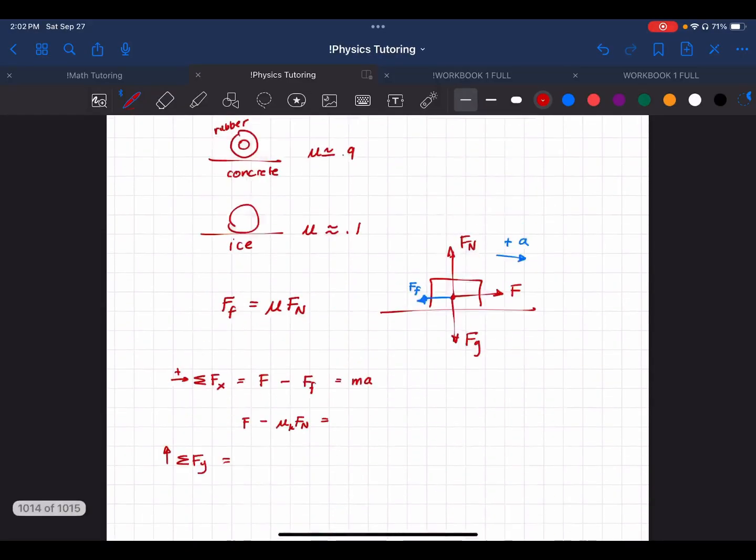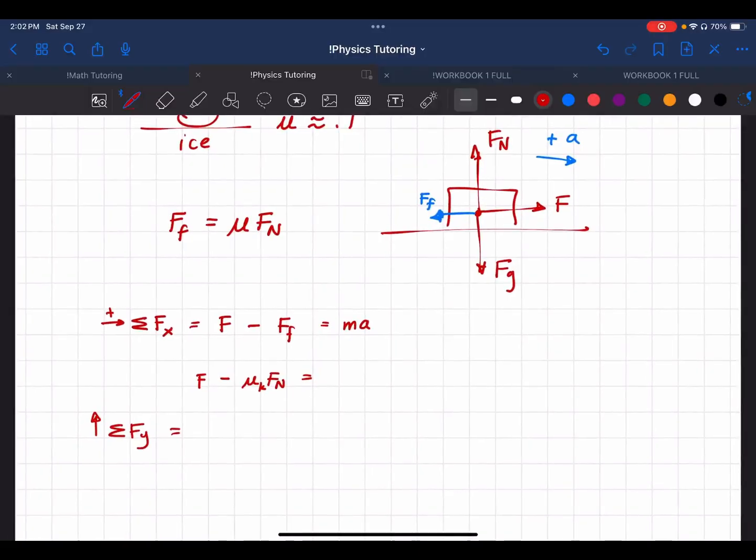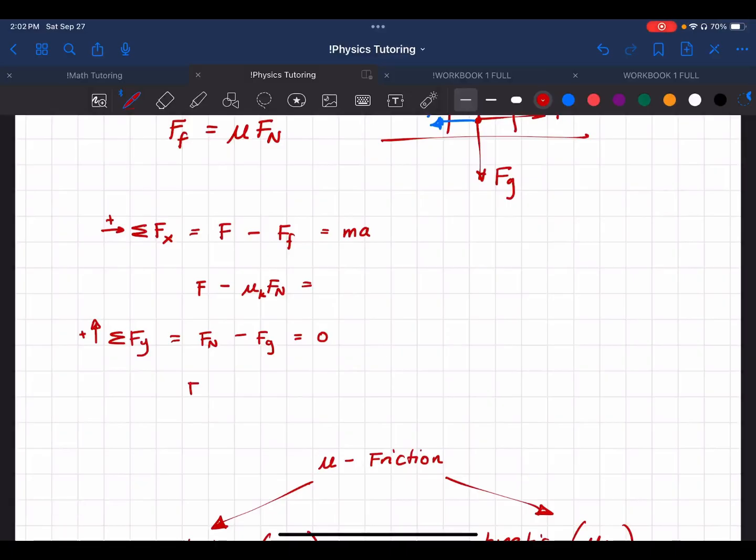And the y is easy. Up is positive, so Fn minus Fg equals 0 because there's no acceleration in the y. So Fn equals Fg, and Fg is equal to mg. So Fn is mg.